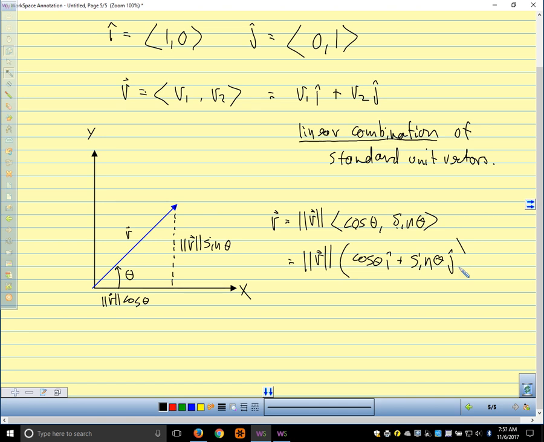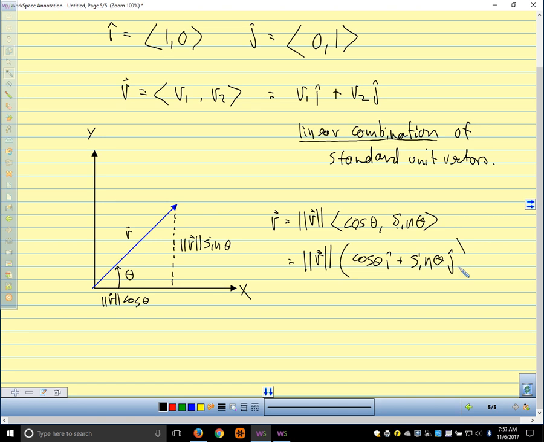So projectile motion, for example. That would be the vector that describes the velocity of whatever your projectile is. All right, questions there?